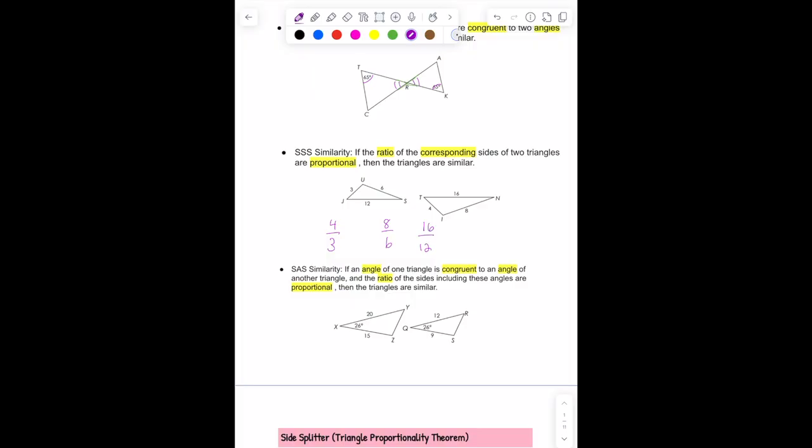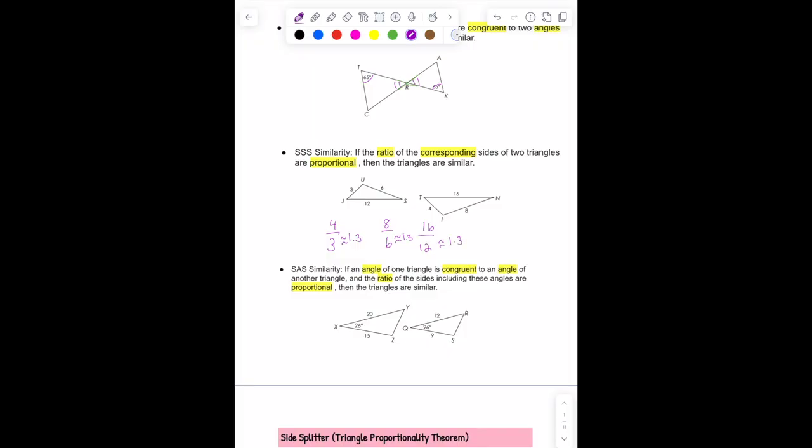When I divide these, they should have the same scale factor. And that's about 1.3, 4/3. Let me see if the other ones are the same. And they are. They all are the same.